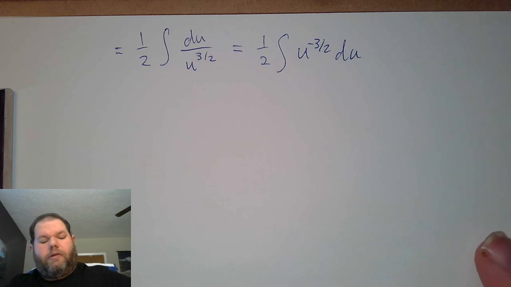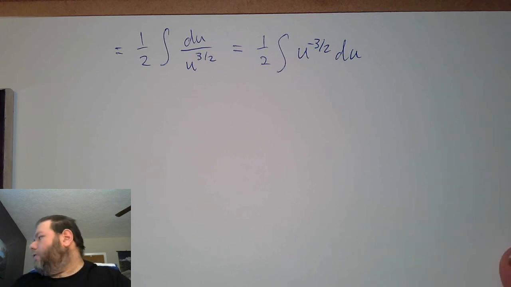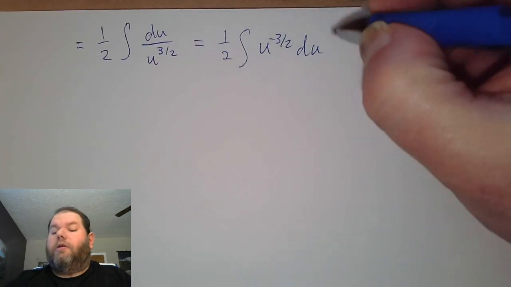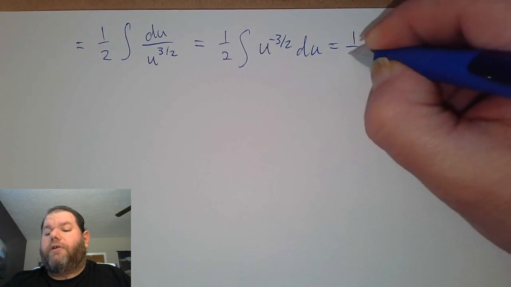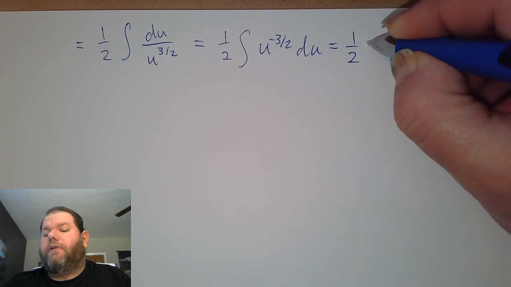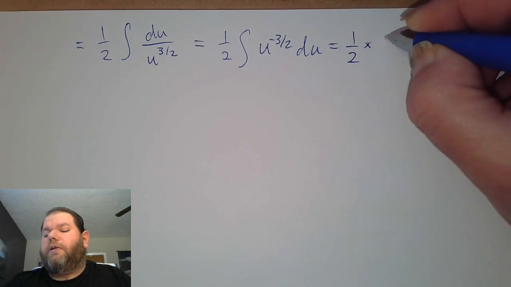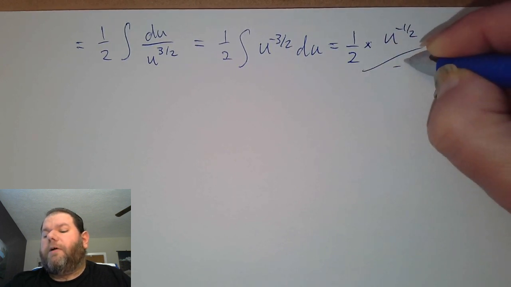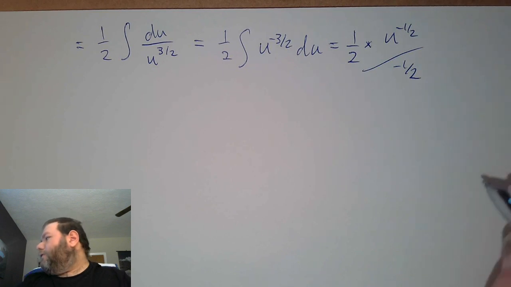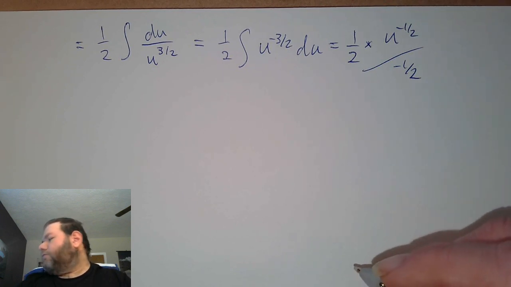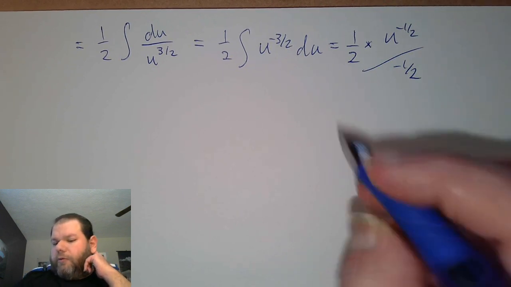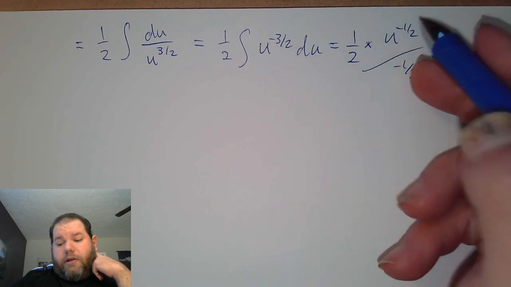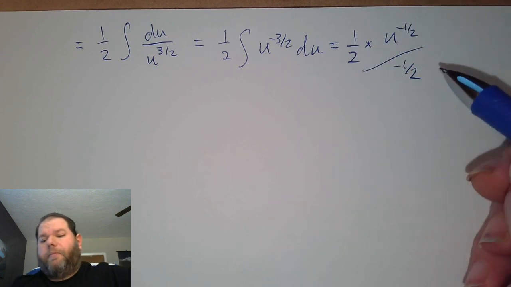Okay. Which means we can actually integrate that, so it's going to be u to the negative 1/2 divided by negative 1/2, because we add 1 to the exponent and then divide by the new exponent.